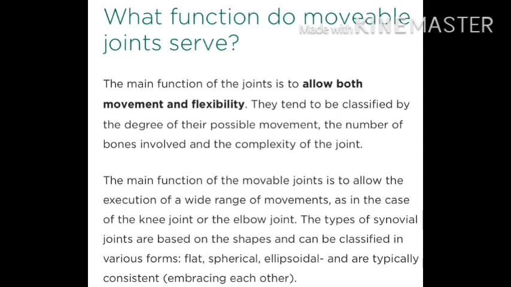The main function of the movable joint is to allow the execution of a wide range of movement, as in the case of the knee joint or the elbow joint. The types of synovial joints are based on the shape and can be classified in various forms: flat, spherical, ellipsoidal.